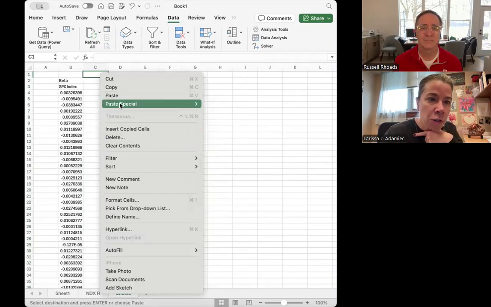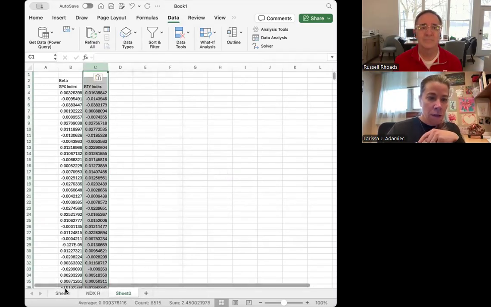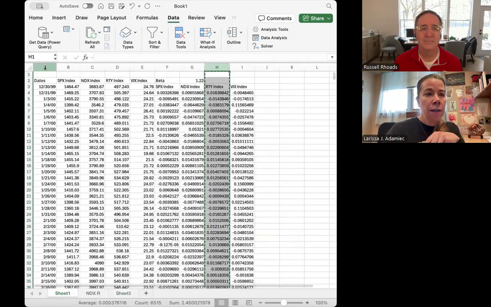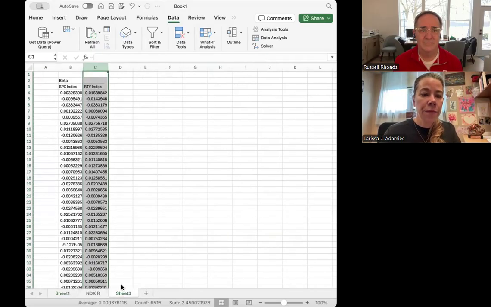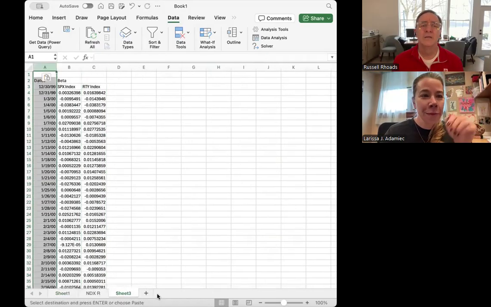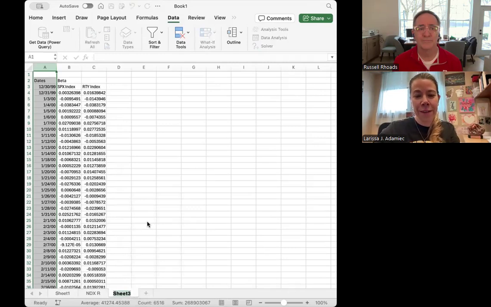And paste special, values. Go ahead, calculate. We don't technically need the dates. They just look nicer. It helps you keep it straight as well. Make sure you're not off one number, etc.